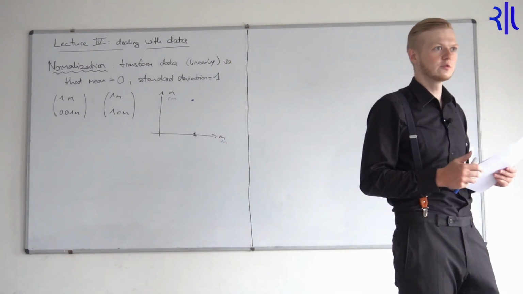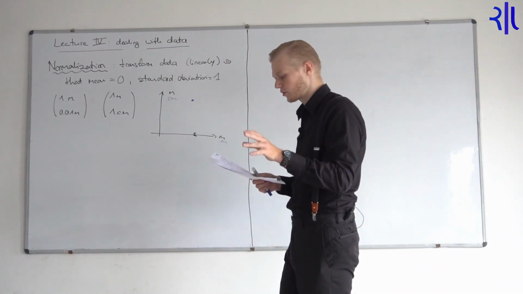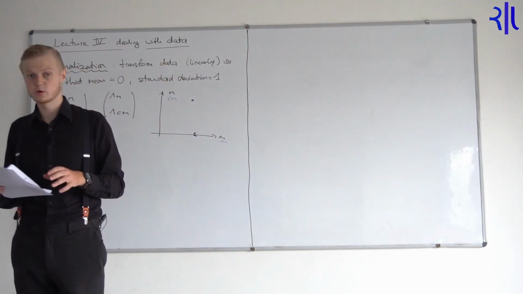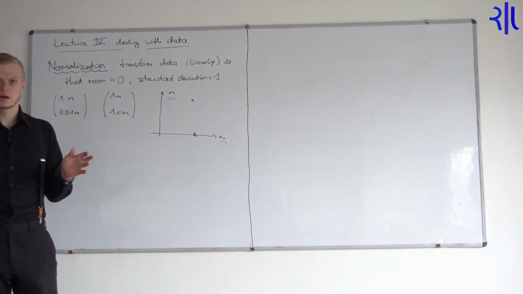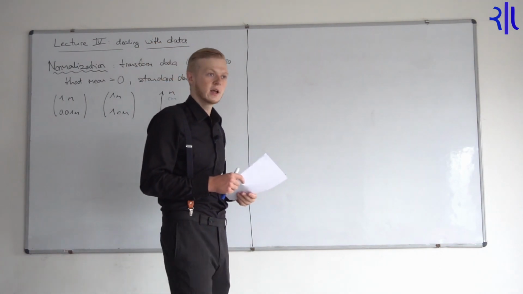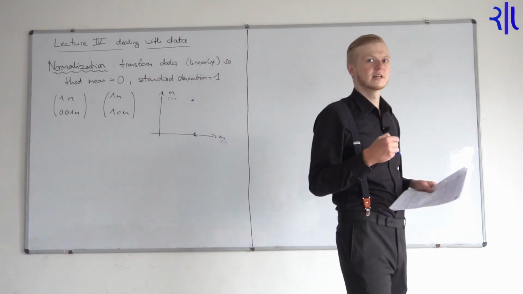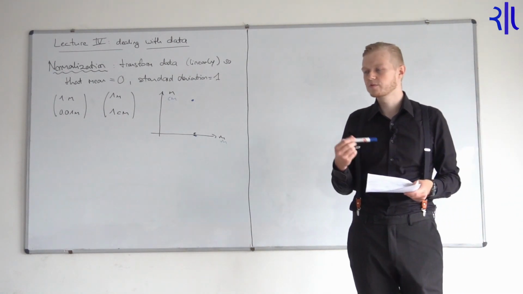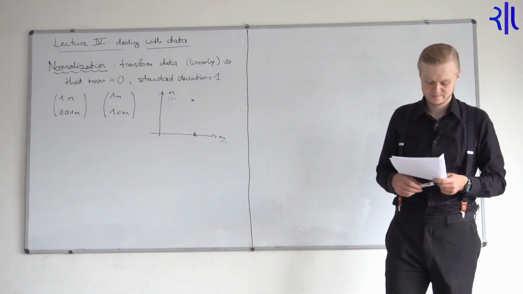So the best thing you could do is, if you know which features are the more important ones, then you would scale accordingly. However, if you don't know that, you normally default back to normalization. And machine learning libraries in Python usually already have a function built in that allows you to perform this operation without you having to do it yourself.